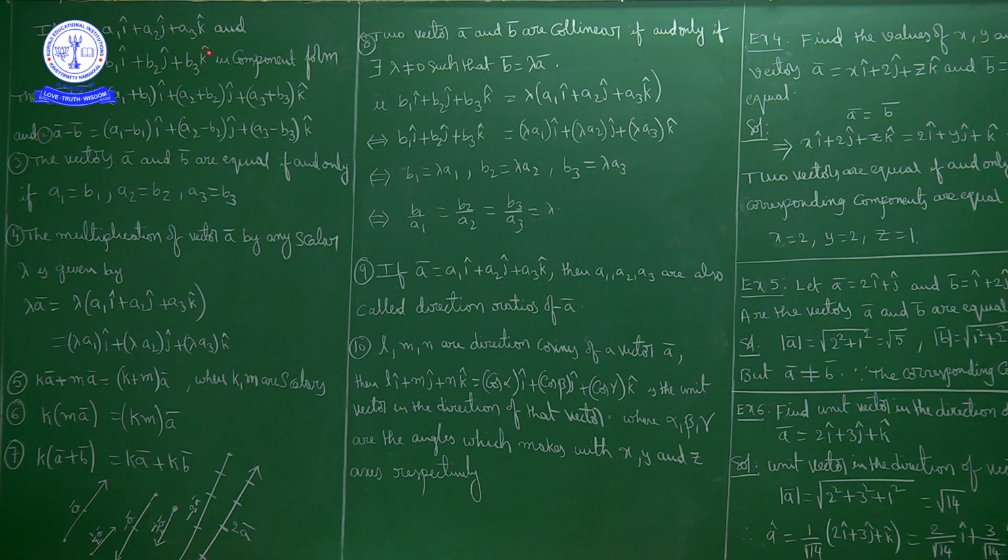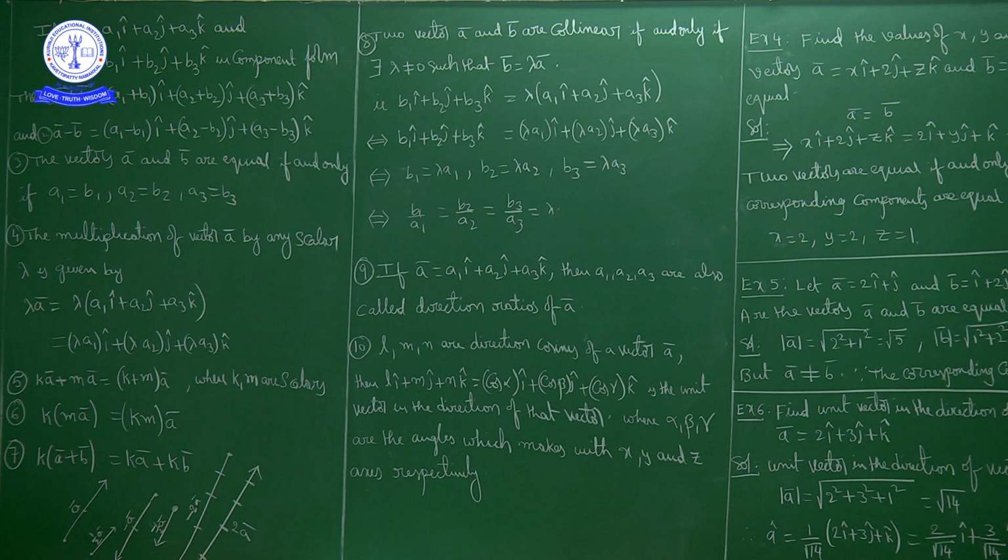Also, the k component of A bar is equal to the k component of B bar. Simply, A1 equal to B1, A2 equal to B2, A3 equal to B3. Then the two vectors are equal vectors, otherwise they are not equal vectors. Corresponding components have to be equal. Two vectors are equal if corresponding components are equal.